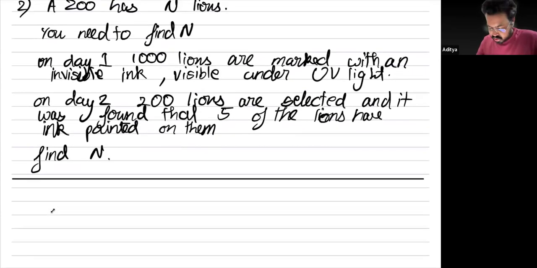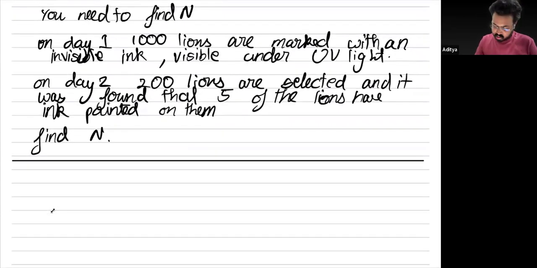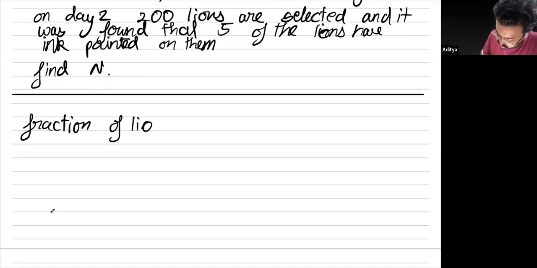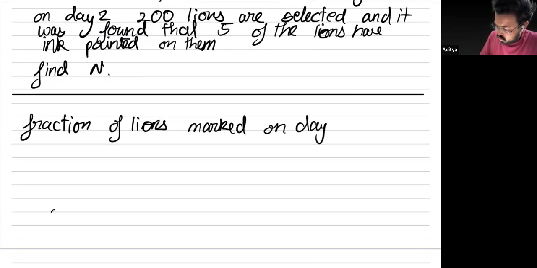Okay. So here, what is happening is, of the total population, you can calculate the fraction of lions marked on day 1.